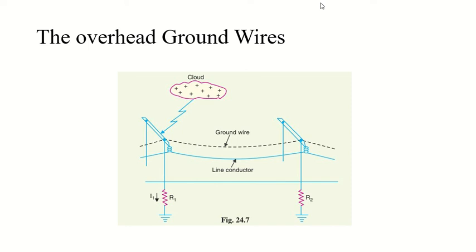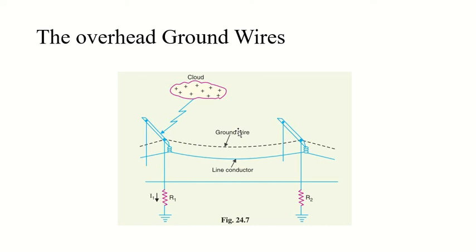They used to do all the work. Just like that, ground wires protect the line conductors. Or you can consider it like the military, who are there on the border and protect us, the people who are living inside of the country, right? So ground wire does that job. And by doing that, it protects the line conductor.